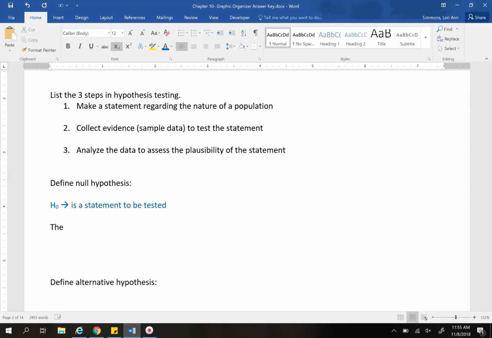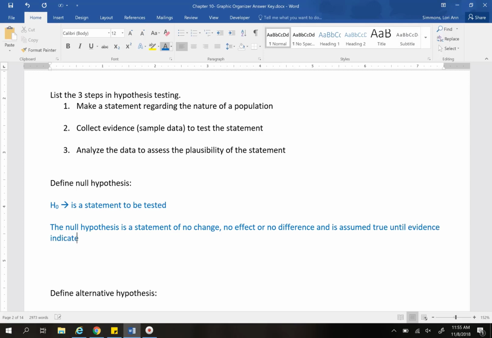The null hypothesis is a statement of no change, no effect, or no difference, and is assumed true until evidence indicates otherwise.